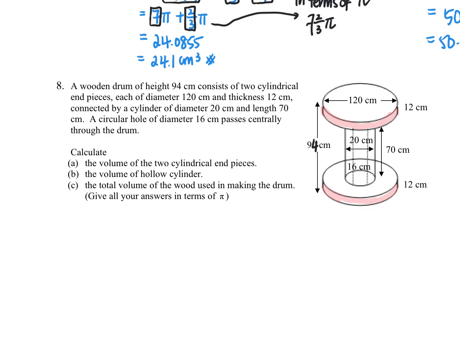Two cylindrical end pieces, each of diameter 120 and the thickness is 12, which is correct because they give me the diameter and the height. And it's connected by another cylinder of diameter 20. So let's take the cylinder inside to be diameter 20. Then they say it has a length of 70, so the height of the cylinder in the middle is 70 cm.